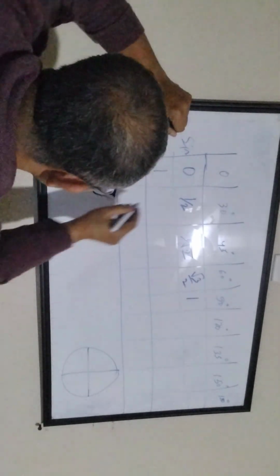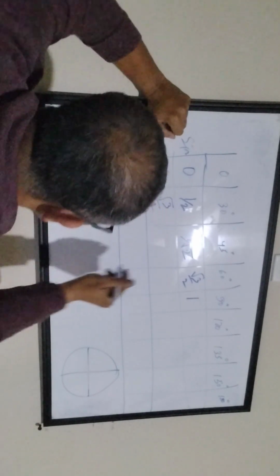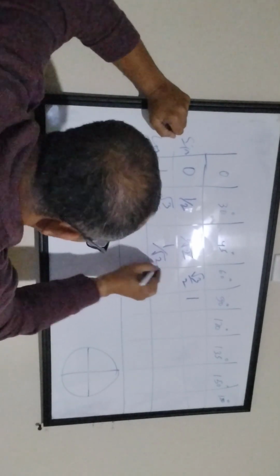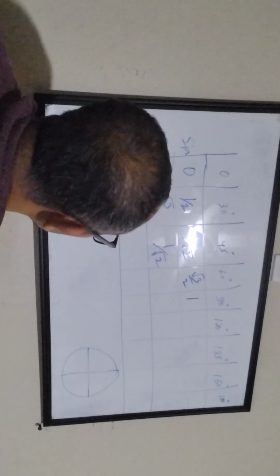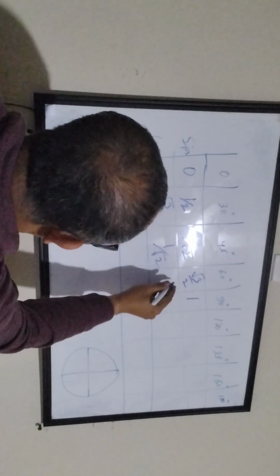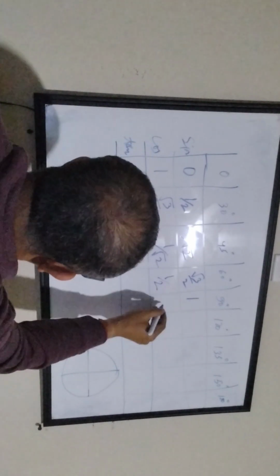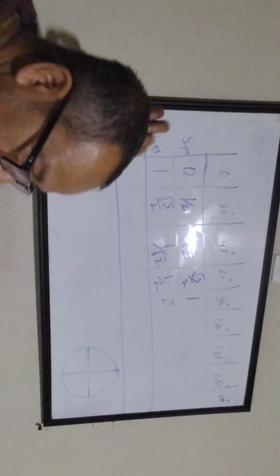Root 3 over 2. How much is cos of 45 degree? 1 by root 2, Dave. Same as sin 45. And cos of 60, let me not waste your time, I will just write it down. And tan I'm not filling because sin by cos is tan, so we'll not worry about that.